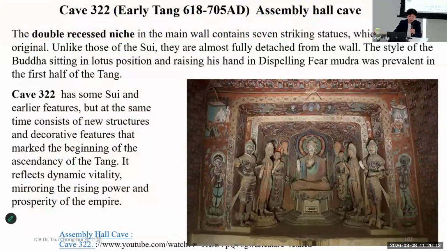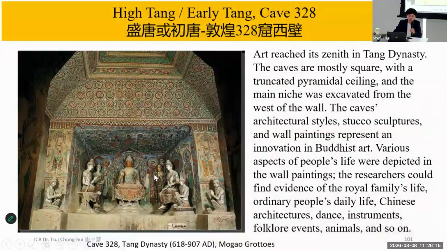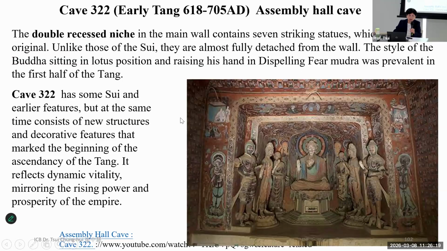And we also have another type of assembly hall cave. In comparison with cave 328, another cave, cave 322, was designed with a double recessed niche. In this way, the sculptures could be arranged with more space.